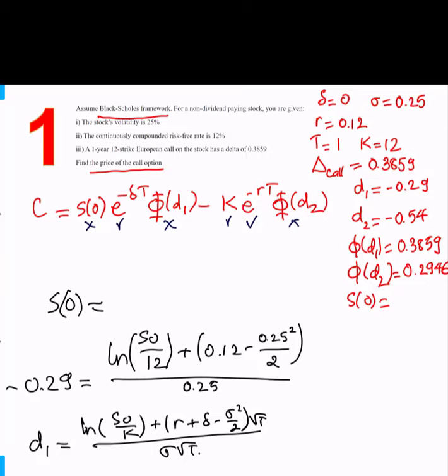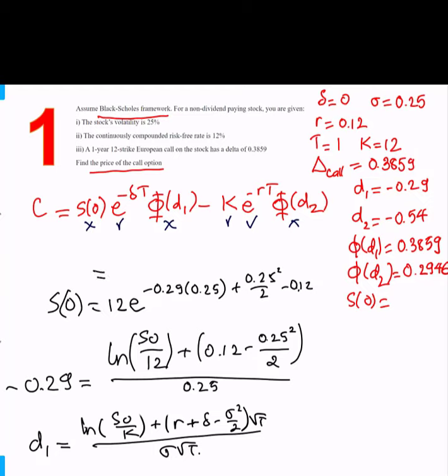S0 is equal to 12 e to the minus 0.29 times 0.25 plus 0.25 squared over 2 minus 0.12.